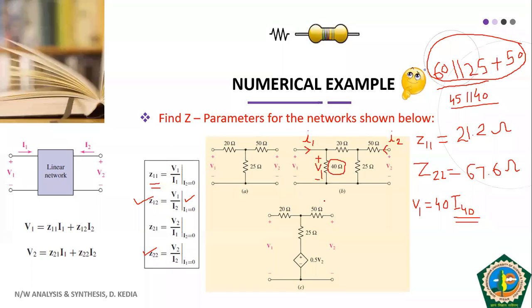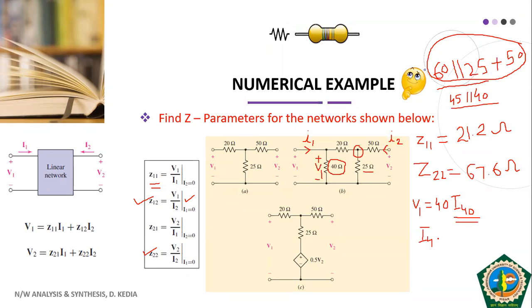So let us see how we will do that. If you look carefully into the circuit, you'll have to use the current divider rule. Your I2 is being divided here. The two branches are 25 ohm, and the series combination of 40 and 20, that is 60 ohm. Current is dividing into 25 ohm and 60 ohm. So what will be the value of I40?